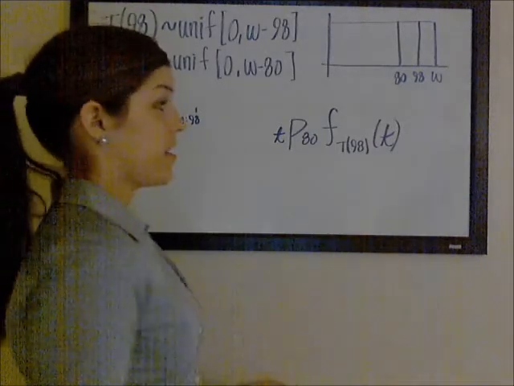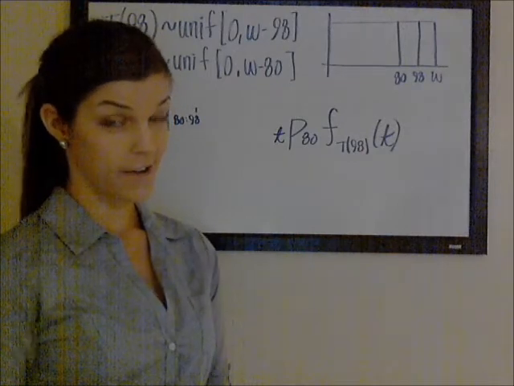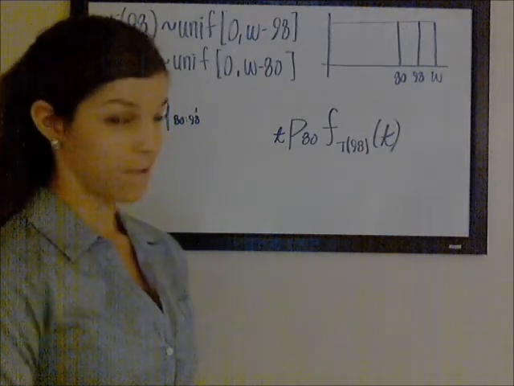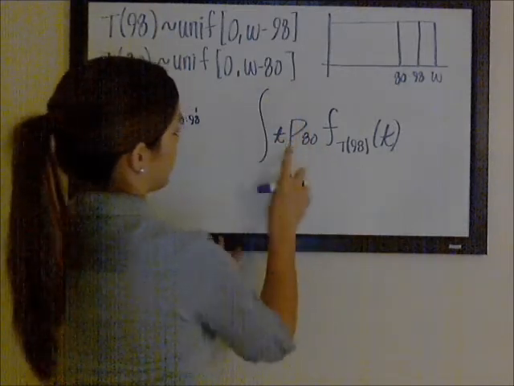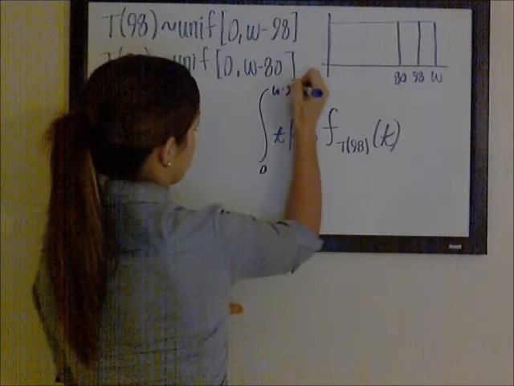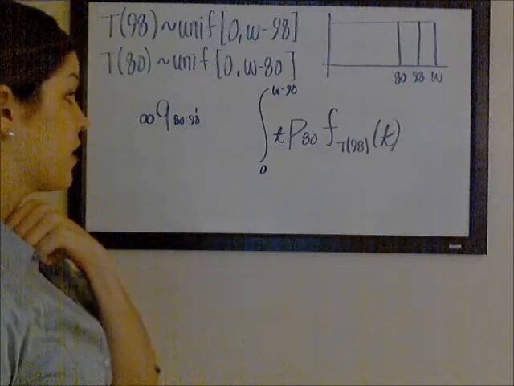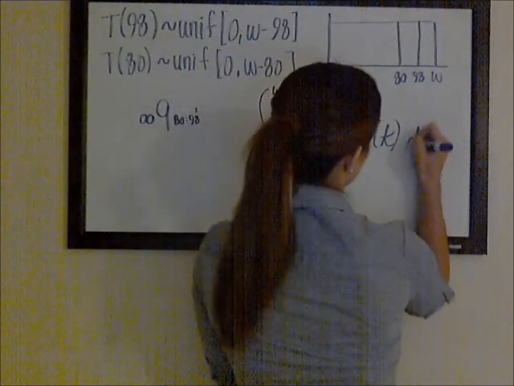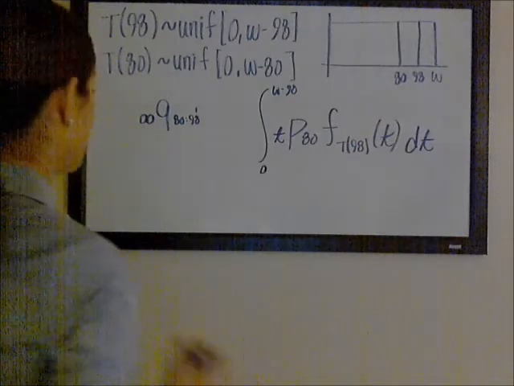Once we reach that 98-year-old's limiting age, the 98-year-old is certainly dead, and we're sort of done. So we're going to integrate this over all the possible values that t can take on: 0 to omega minus 98, because that's the longest that the 98-year-old can live. And of course, we're integrating with respect to t.